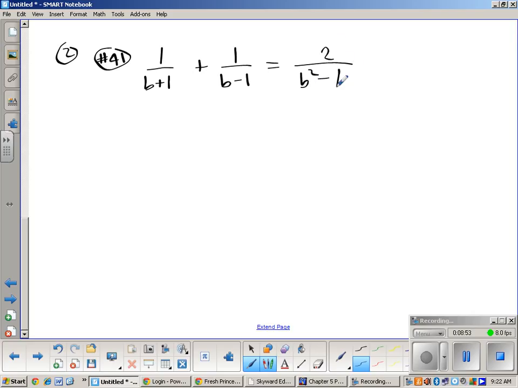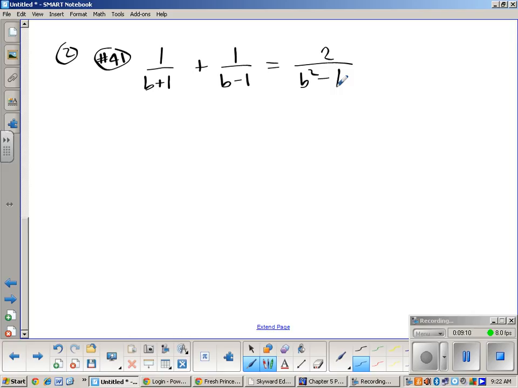Let me confirm I have copied that down correctly. 1 over b plus 1 plus 1 over b minus 1 equals 2 over b squared minus 1. Okay, so that's correct. Now this is not a proportion, is it? So it's a little bit different.